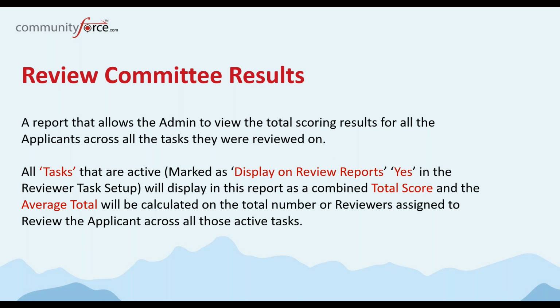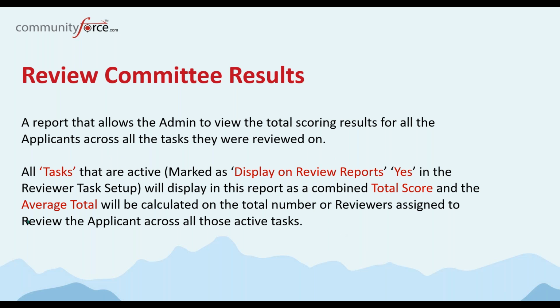Some of you may want to see the one score for the specific scholarship, but maybe you have a special task for financial, and one big committee that goes through and reviews everything based on financial and gives a score. Maybe you want to combine that with the score for a specific task. You can see those two together by keeping both of those tasks active. But if you just want to see the results for one task at a time, then make sure to have just that one task open.